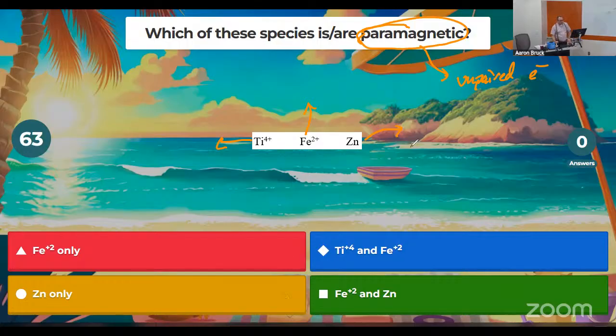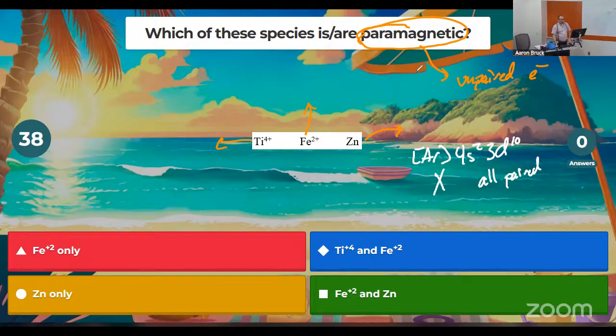Now we just talked about zinc. Zinc is argon 4s2 3d10. Every one of those sublevels is completely filled, so all the electrons are paired. So that's not going to work.